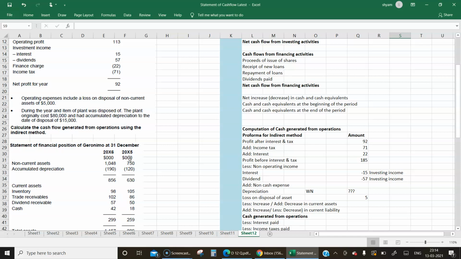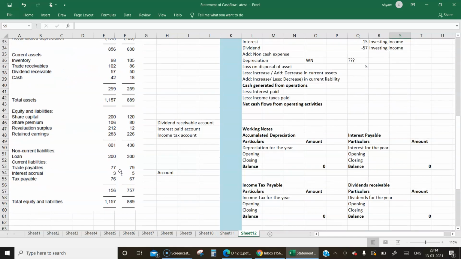Next is accumulated depreciation. Accumulated depreciation is 120 and then it becomes 190. So we'll work out accumulated depreciation. The current depreciation for the year we don't know.